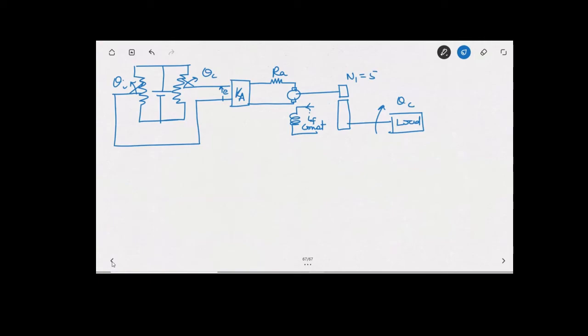You can write down the problem. This figure shows a position control system for controlling the position of a shaft.